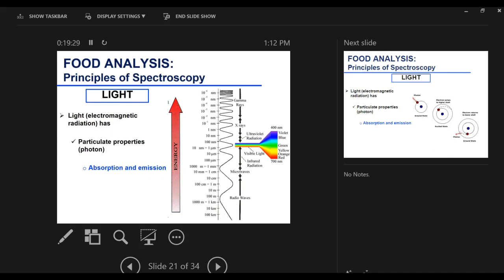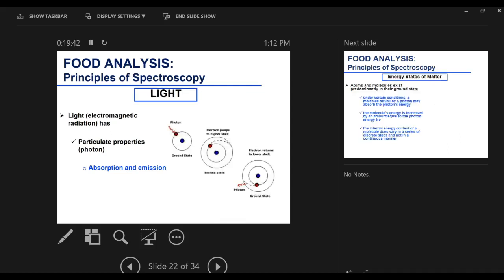So here I'm emphasizing that we're going to focus on the particulate properties of light, photon, and then looking into the absorption of a photon of light or the emission of photon of light. And here we're looking at how that happens in terms of an atom. Either it can be a singular atom or atom in a molecule.